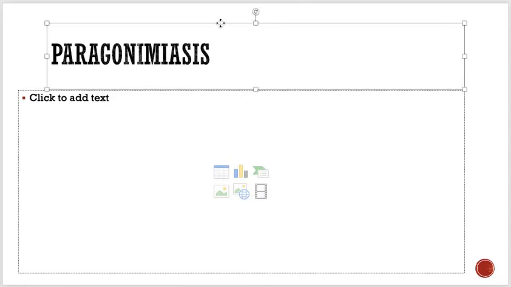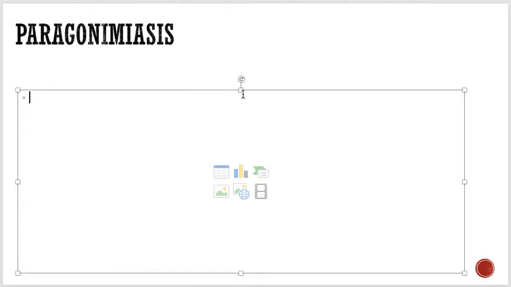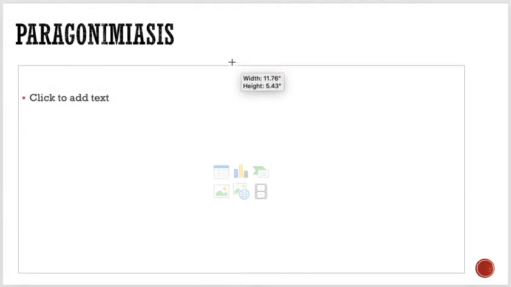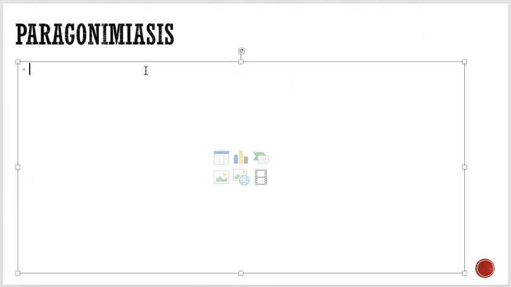This is a parasitic disease, as we know. It is a trematode, and the genus of this one is basically Paragonimus, right? As I was talking.